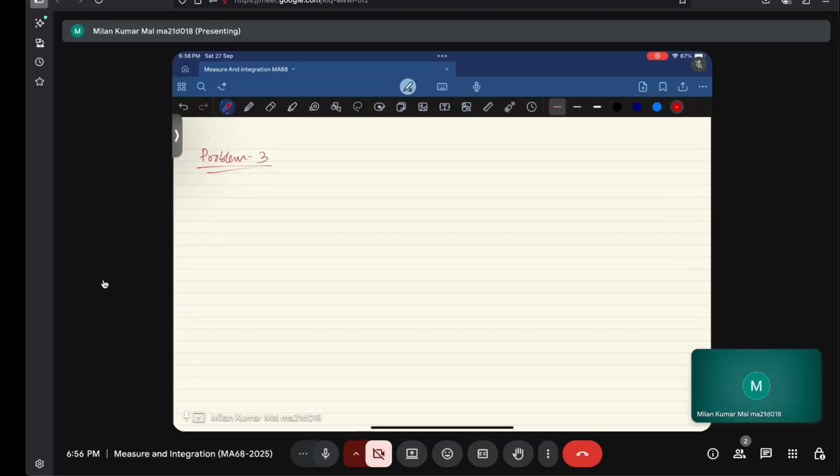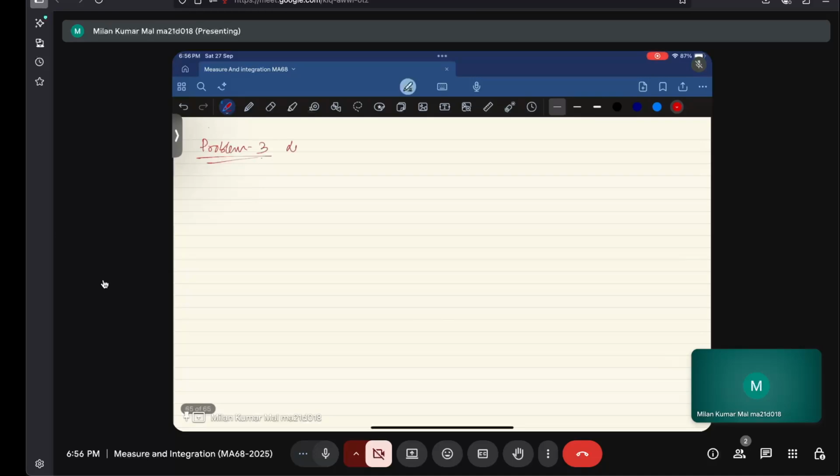What it says: let X, S be a measurable space equipped with a signed measure mu.